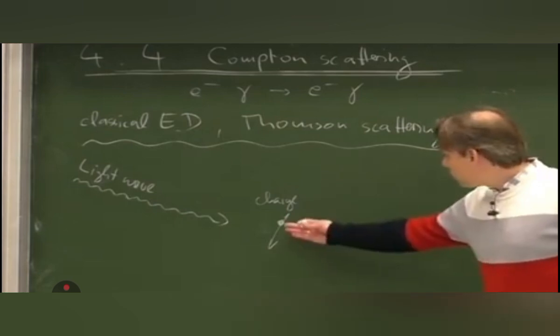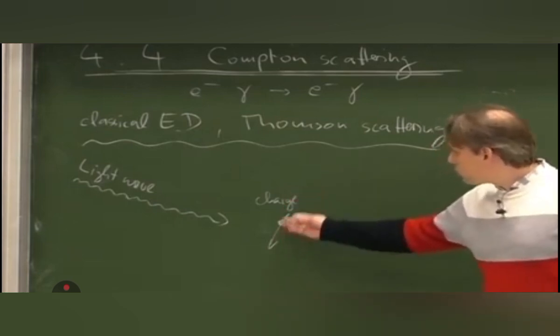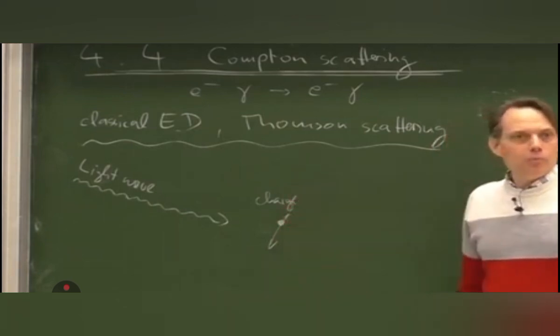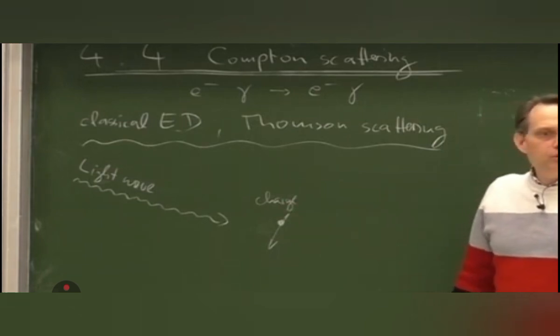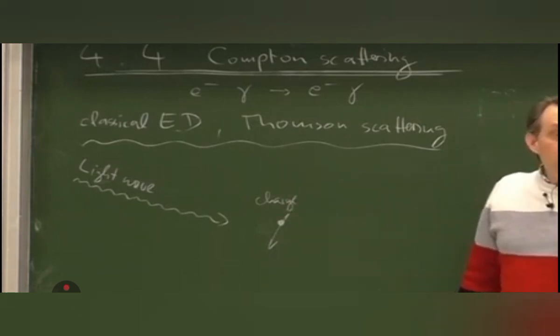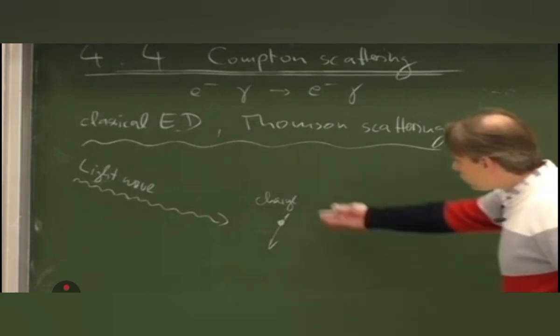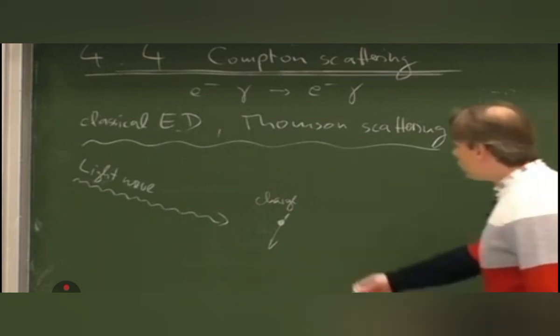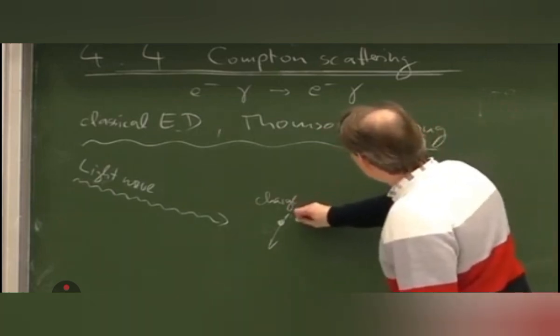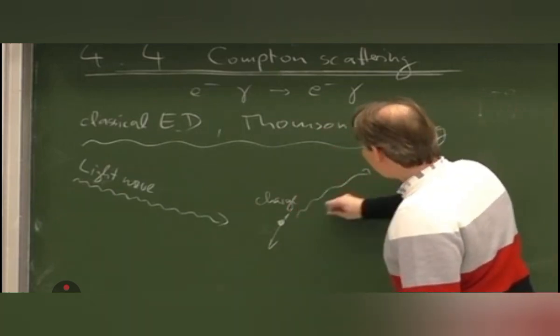And actually, let's say it does a harmonic oscillator motion. So this is an antenna, which is, I think, sometimes also called Hertz dipole radiation. It's simply an antenna. An antenna is something where charge moves up and down, and then the antenna radiates electromagnetic waves in all directions.